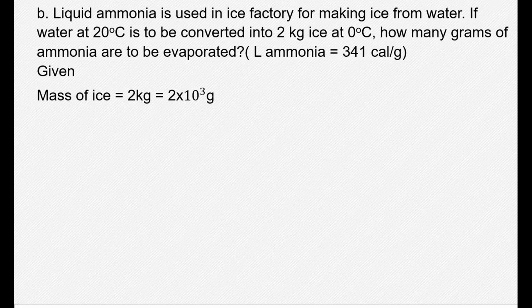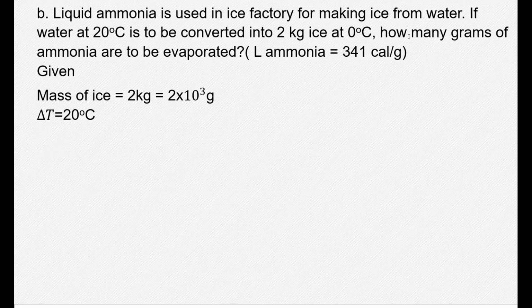Change in temperature we denote by the letter delta T. So delta T is equal to higher temperature minus lower temperature, 20 minus 0, which is 20 degrees Celsius. So delta T is 20 degree Celsius.